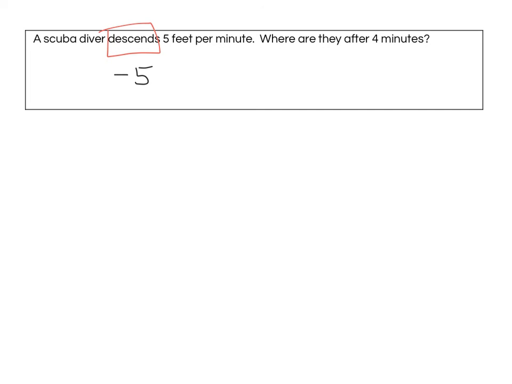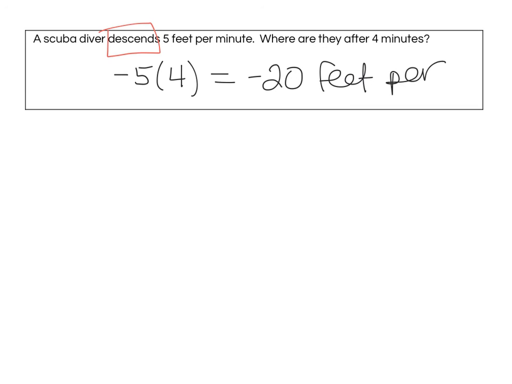But after 4 minutes, are we going to add 4 minutes? Now, I think multiplying would be the better answer. So you have negative 5 times 4, which is negative 20 feet per minute.